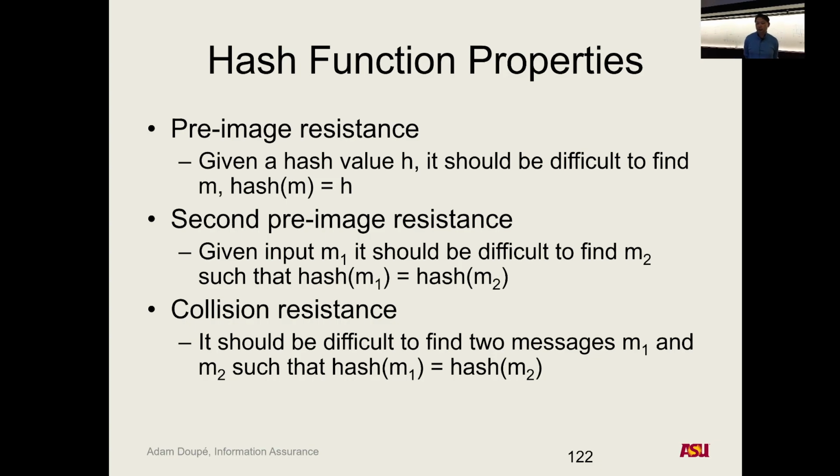In the second pre-image resistance, we only know M1. That's why the second is weak collision resistance and the last one is strong collision resistance. Okay, so you have to keep these requirements to design hash functions.